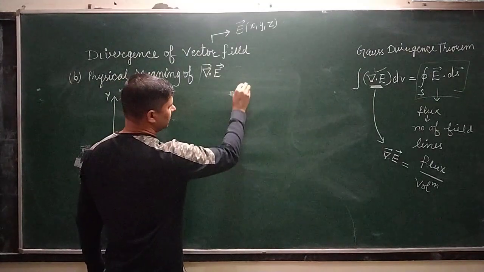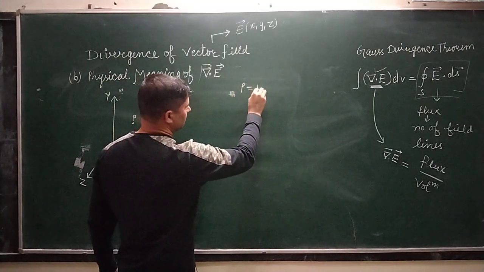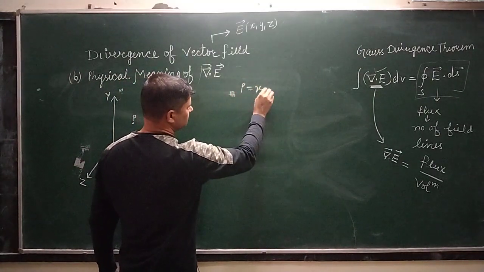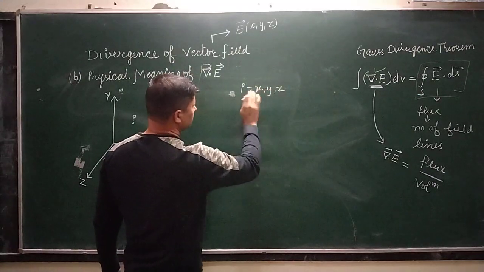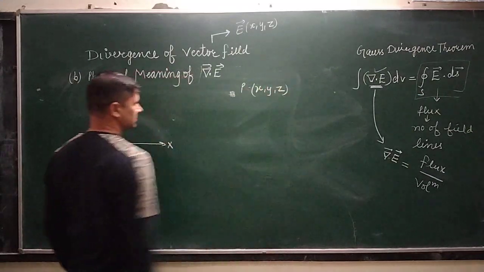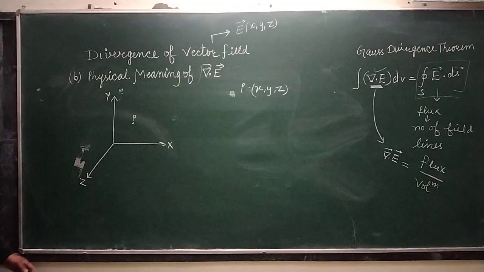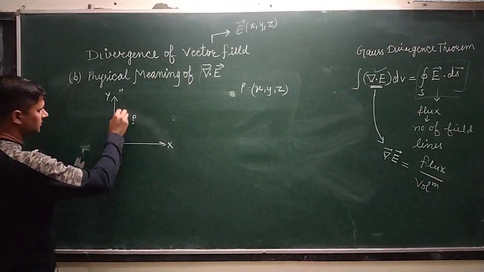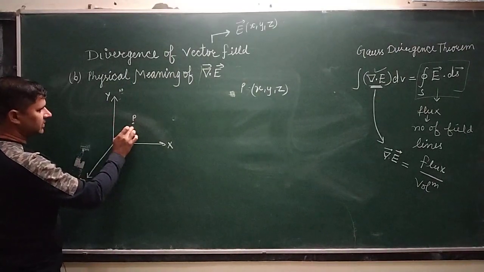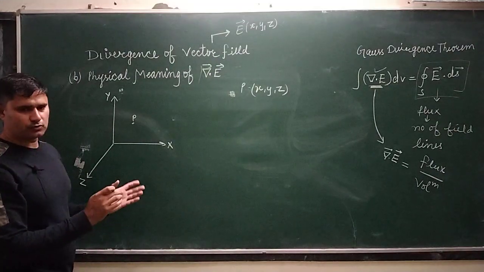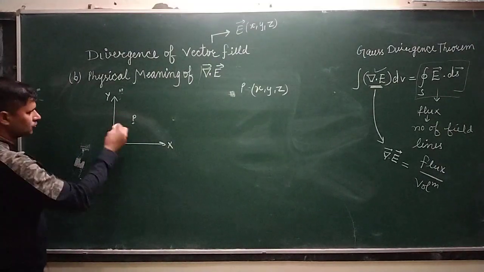So this is the location of point P, and this point P is at the center of a cuboid.